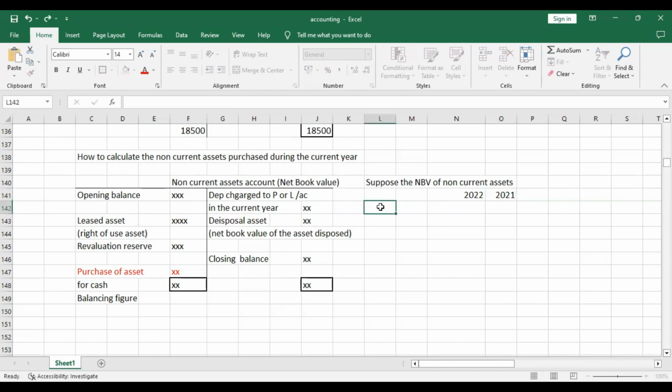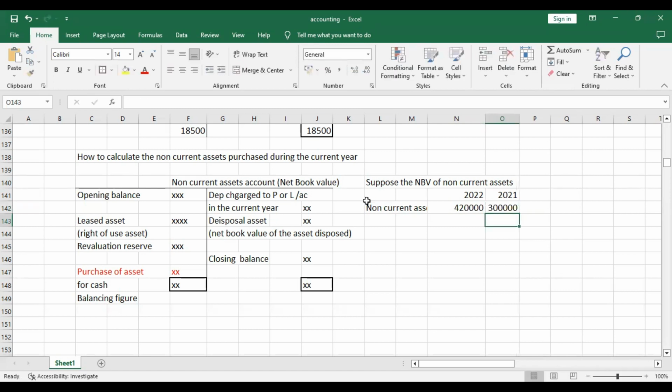So non-current assets, 2022 is 420,000 and 2021 is 300,000. Okay, this is what is given in the balance sheet.